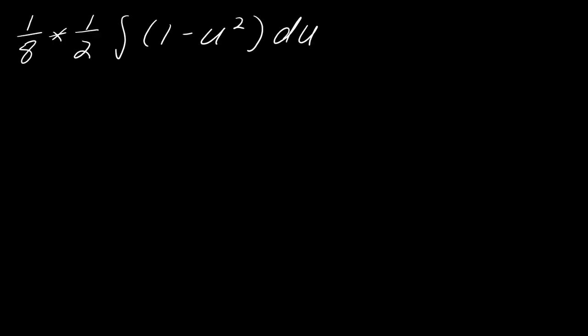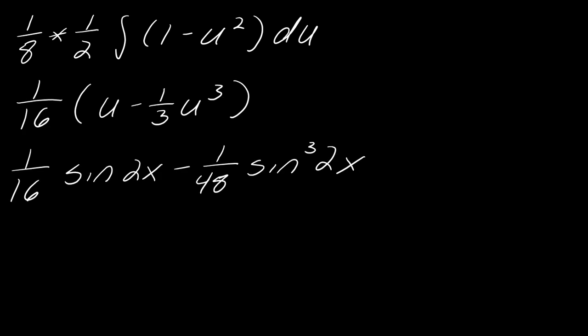So in substituting this, I have this 1/8 now. I brought the 1/2 constant from the du out in front. This is the integral that I am left with. And so then from here, I can just finish my integrating and plug my u back in. So I have 1/16 sine 2x minus 1/48 sine cubed 2x.